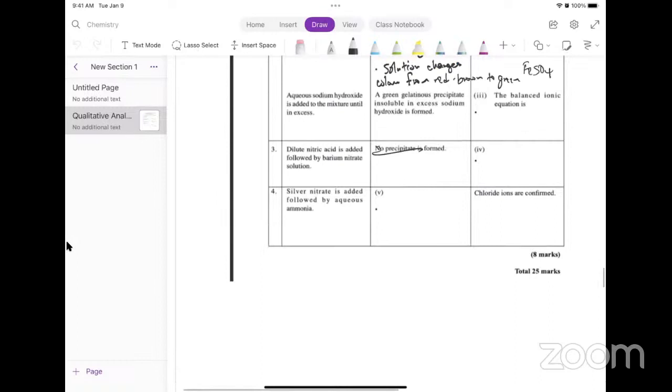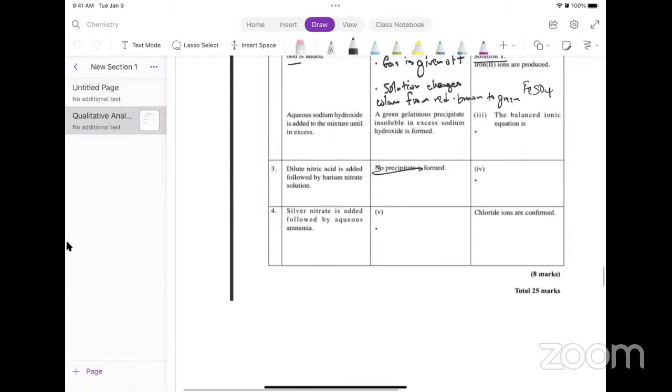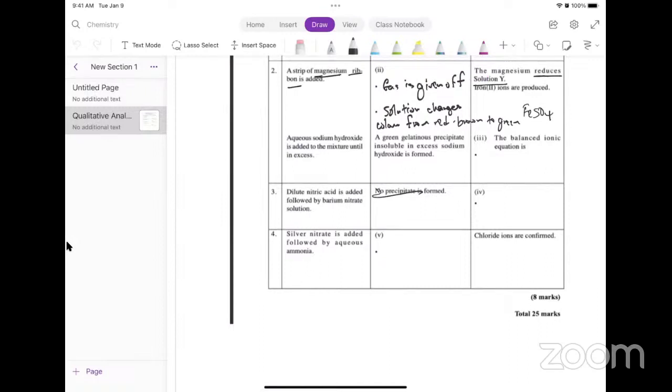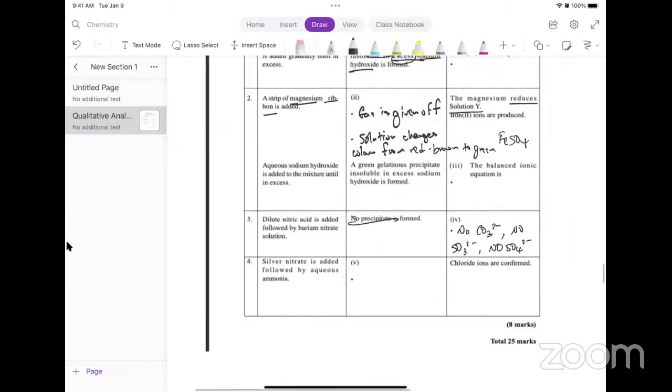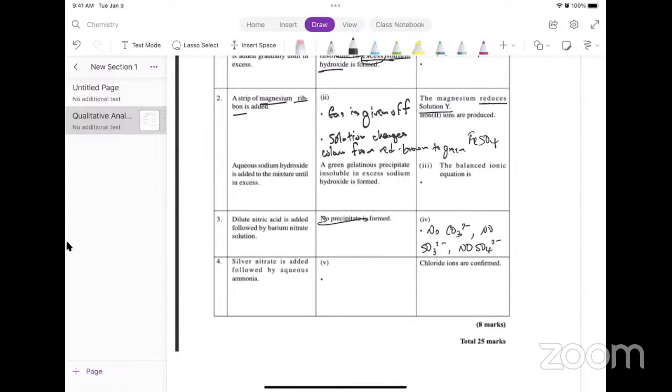So therefore, based on what we know, we can cross out CO3 2-, no sulfates, no sulfites. And because we have crossed out all the other possibilities, we are left with the halogens, right? So the halides are the only option left.